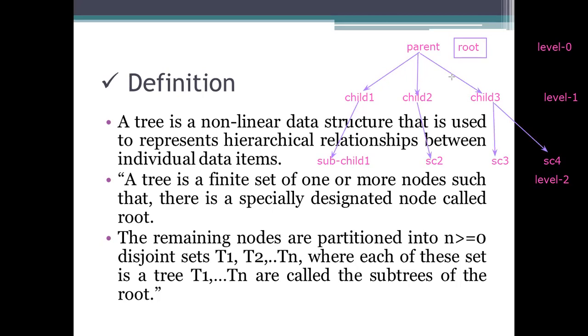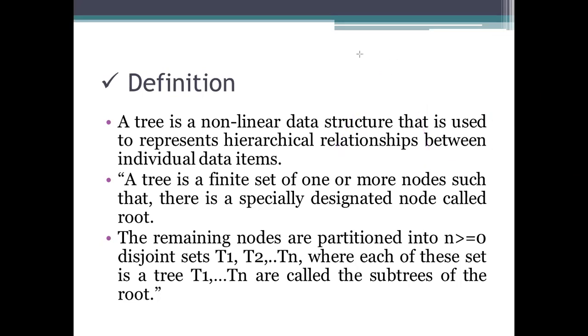They may have 3 children, or a single child, or they may not have a child at all. So this is specified as a non-linear data structure, used for hierarchical relationships specified for different data items.